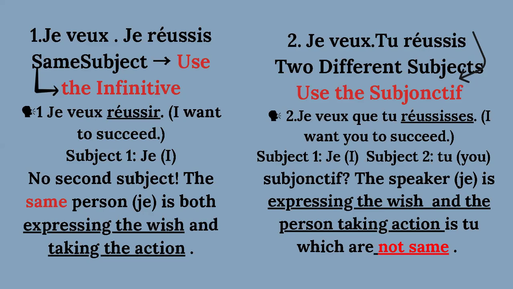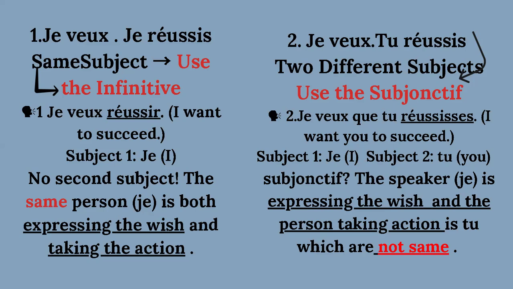Whereas in the second example, it is je who is wishing and it is tu who is taking the action. So I have two different subjects there. So when we have two different subjects, where one is wishing and the other one is taking action, I will use subjunctive here.